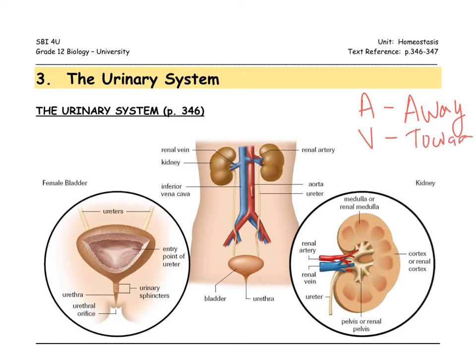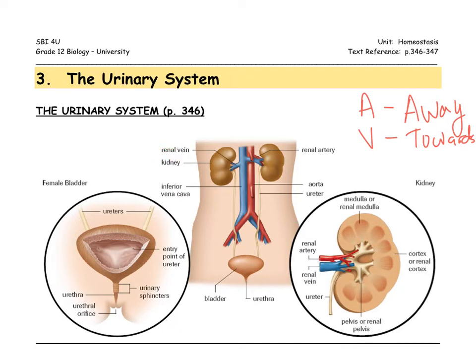If I look at my urinary system here, I can see veins and arteries. Here I'm showing you the kidney, and the kidneys are about the size of your fist, and they're on your dorsal side, your back side, and you'll have one on the left and one on the right, most of you. Renal is an adjective that refers to the kidney.